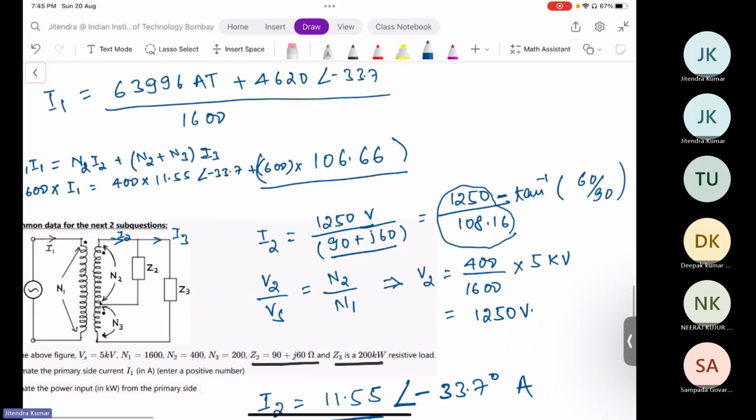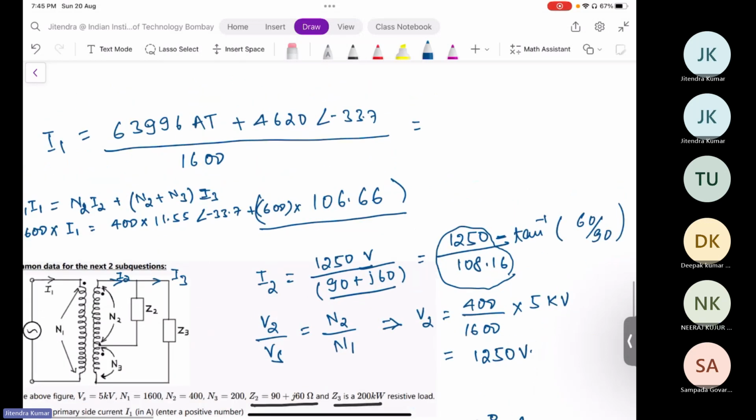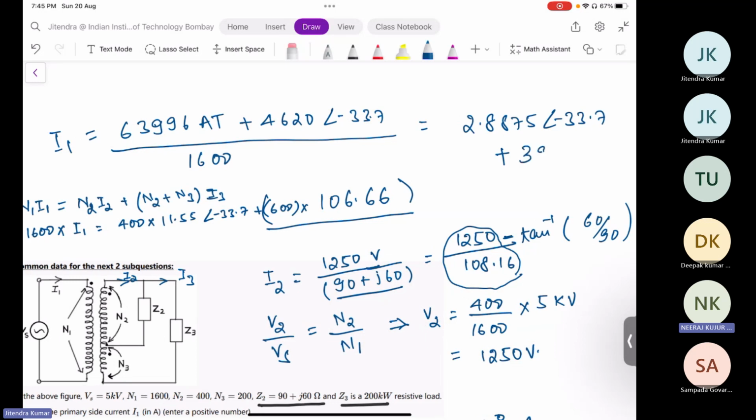Okay, so now if you perform this, first it is 2.8875 angle minus 33.7 plus 39.9975 angle 0.